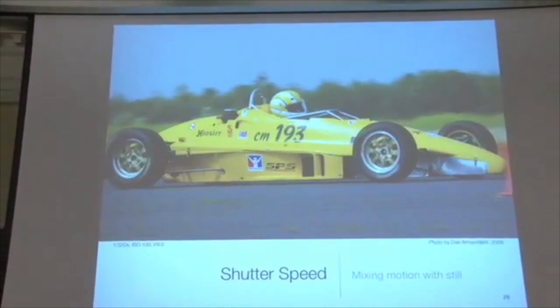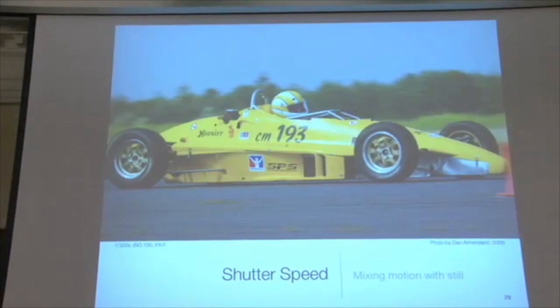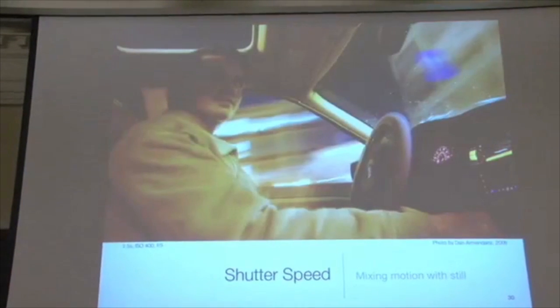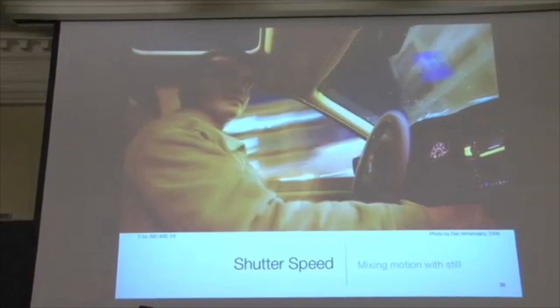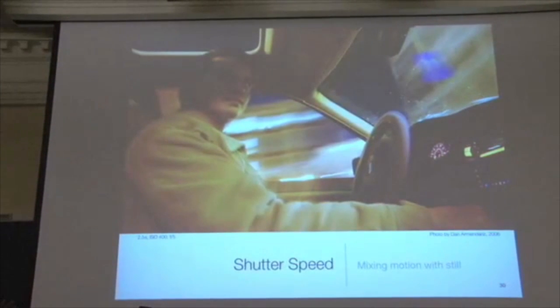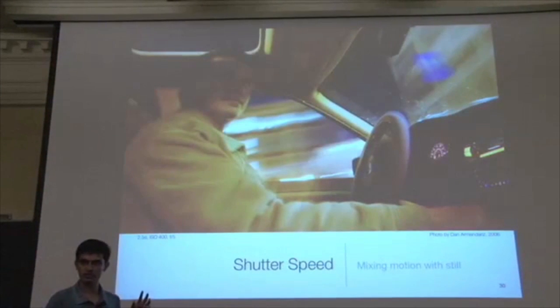And so pretty much anything where you selectively are able to keep portions of the frame absolutely sharp in focus, and that means not moving the camera at all relative to those portions in the frame, you can get some really neat effects.